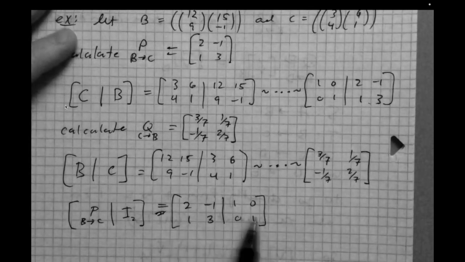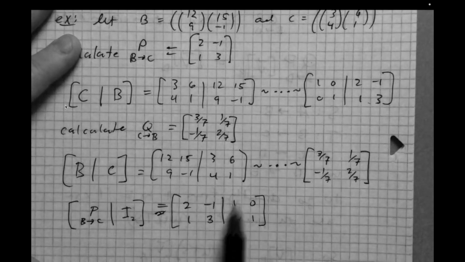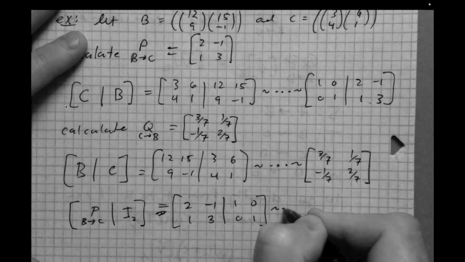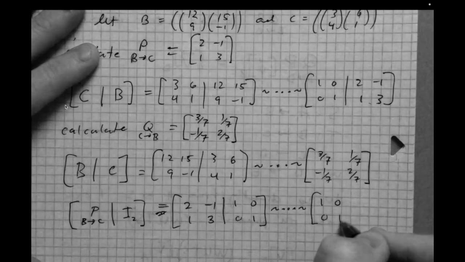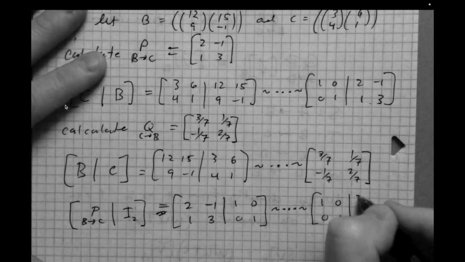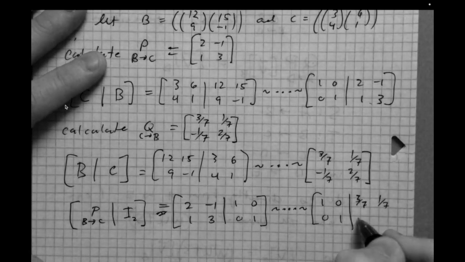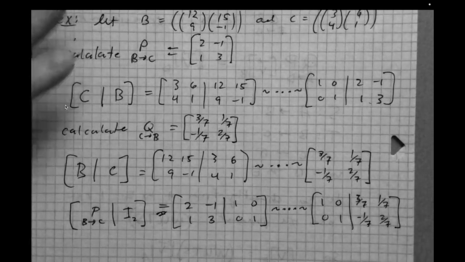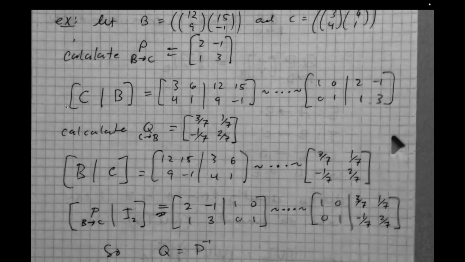If I row reduce this, then once it's in reduced row echelon form, whatever's over here is the inverse of P. And you'll never guess what is there when we put this in reduced row echelon form: 3 sevenths, 1 seventh, -1 seventh, and 2 sevenths. All right, so Q is equal to the inverse of P.